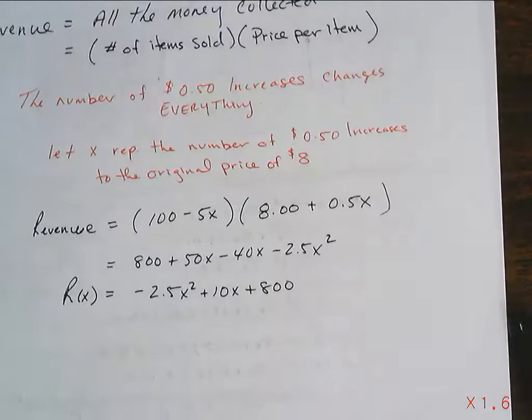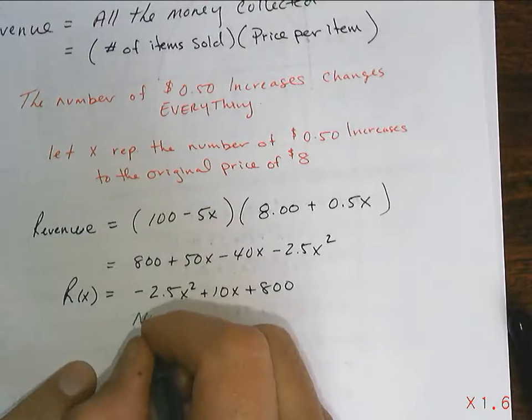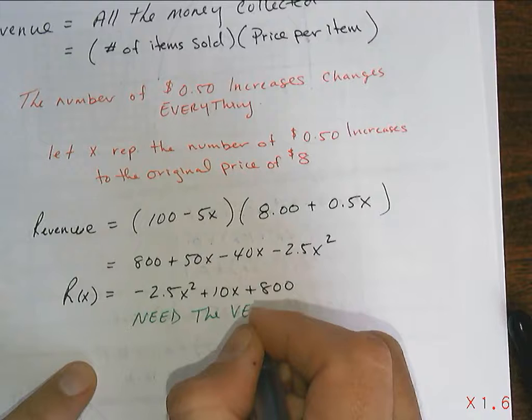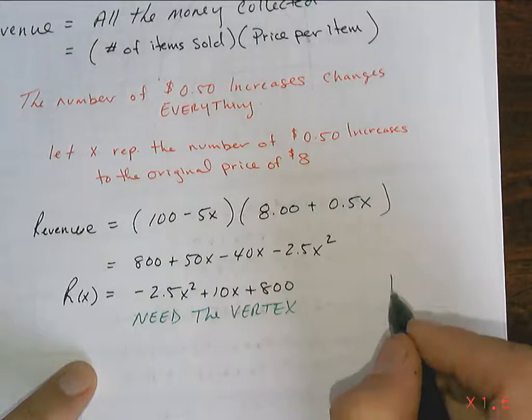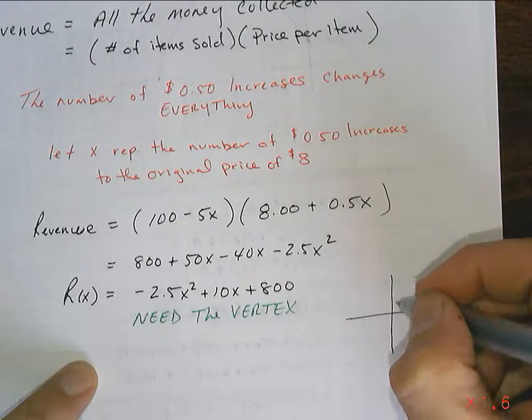Everybody in the studio audience is now having an epiphany. So we're going to need the vertex. Notice that this is a parabola that opens down, so we're looking for something that looks like this, I hope.